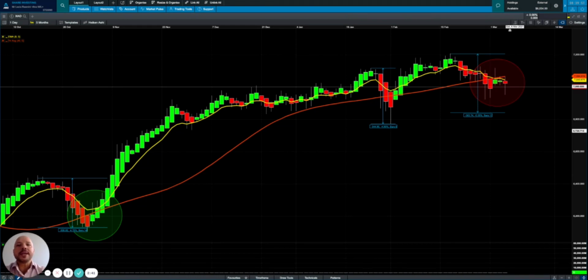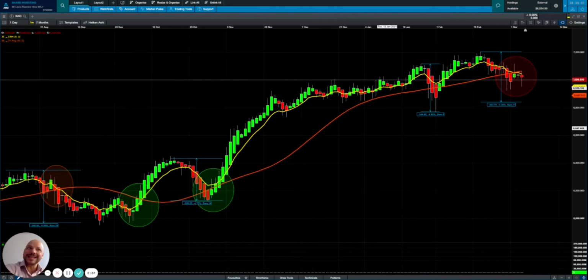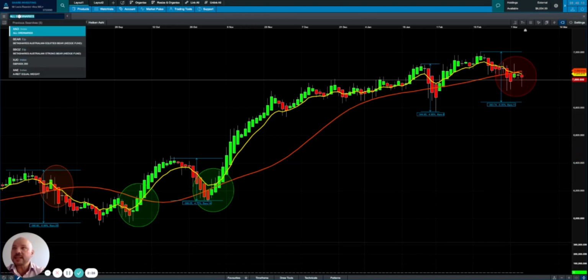Now, there are a few ways to bet against the market. Let's say you think the market's going to crash, you can look for a beta fund, which the ASX code is BBOZ, Betashares Strong Bear.